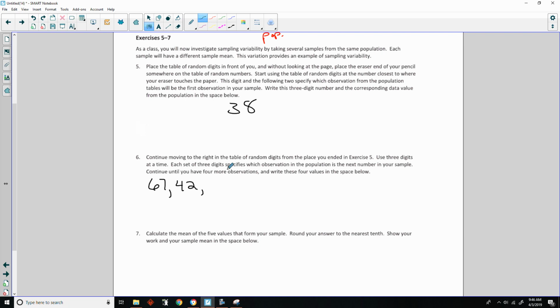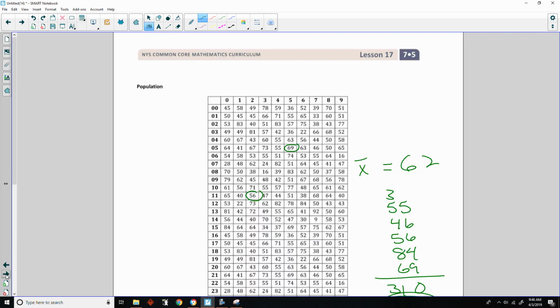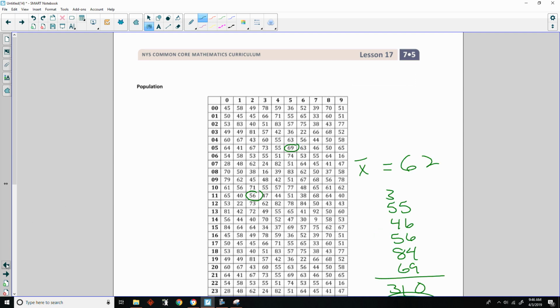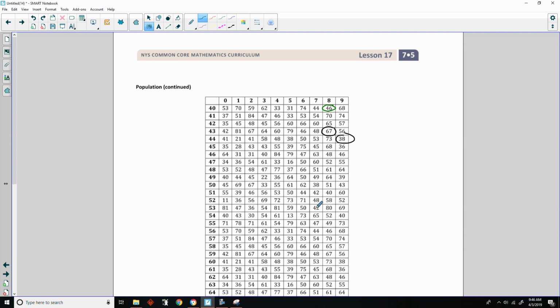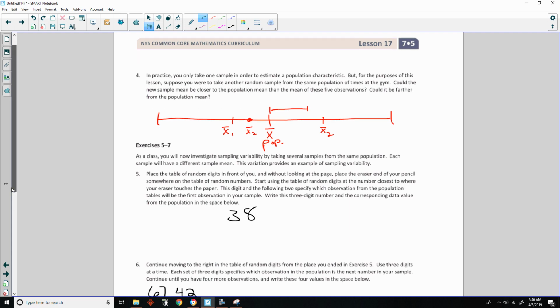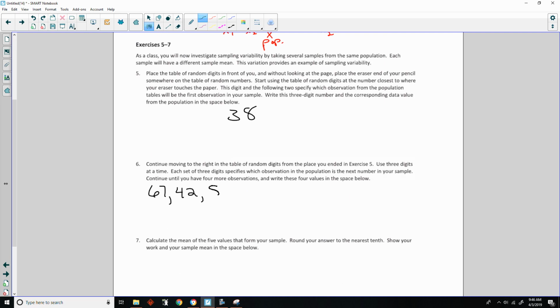And we have to do this 4 times, so I have 2 more times. So I come over here. Next 3 is 538. So 538 is 80. I'm going to do one more time.